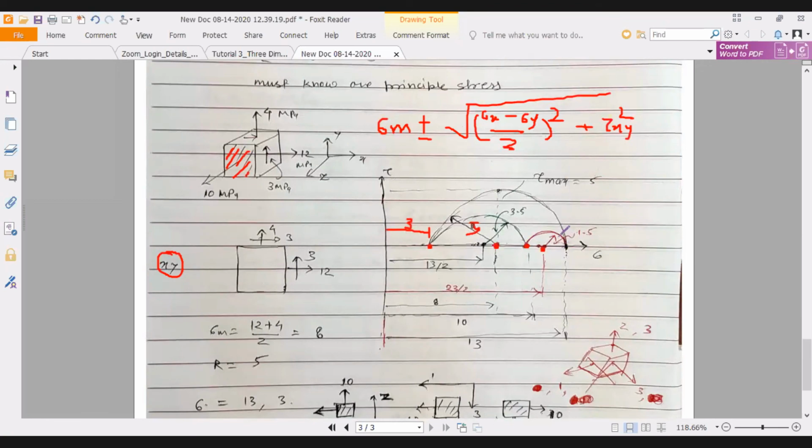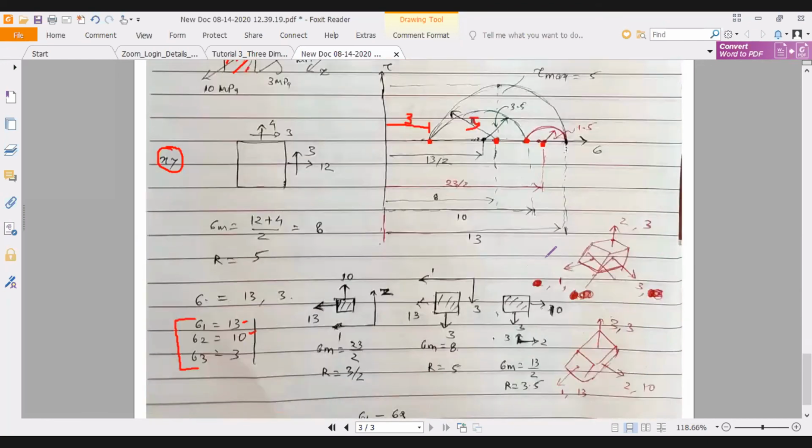If you add these you will get 13 and 10 only. From these figures we are calculating the mean and radius only.